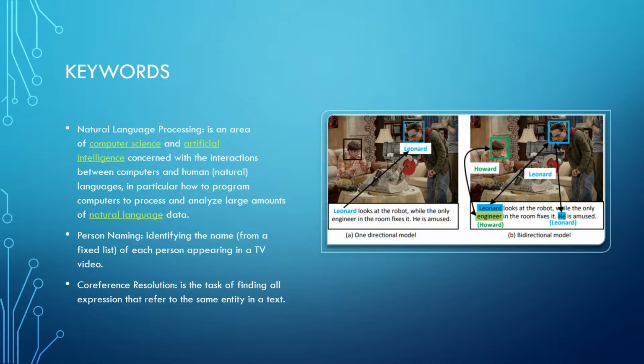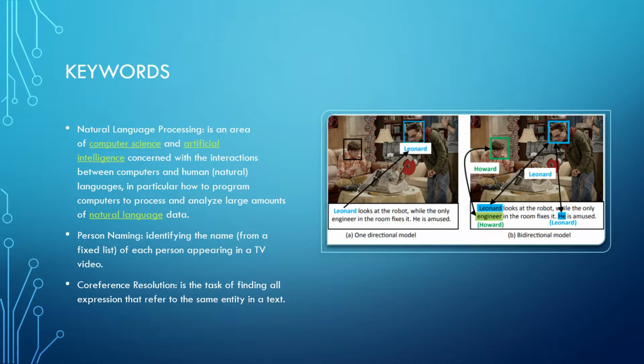If you see on the right here, there are two examples, one a unidirectional model on the left, the other a bidirectional model on the right, and this is from The Big Bang Theory. The one on the left shows only one proper noun, identifying the character Leonard.